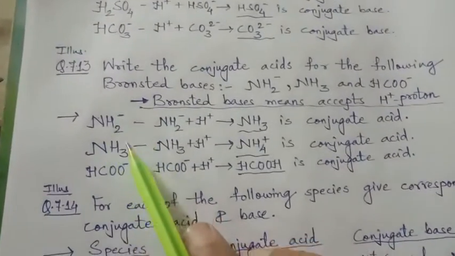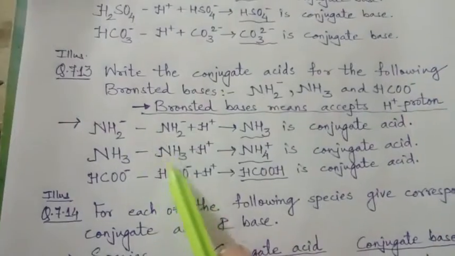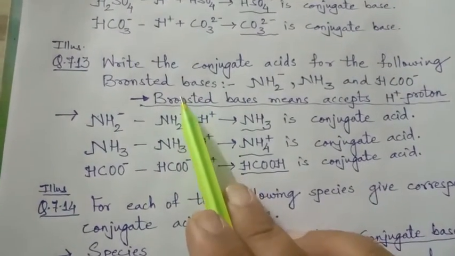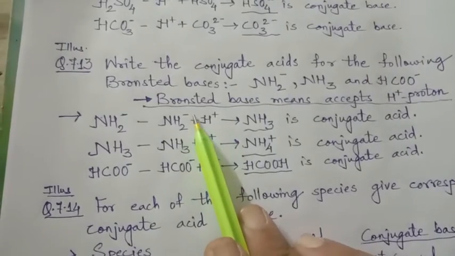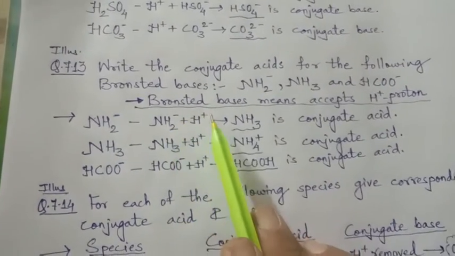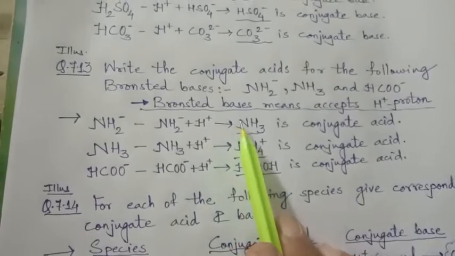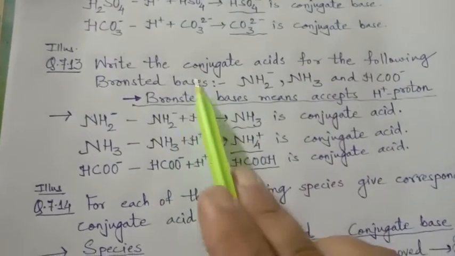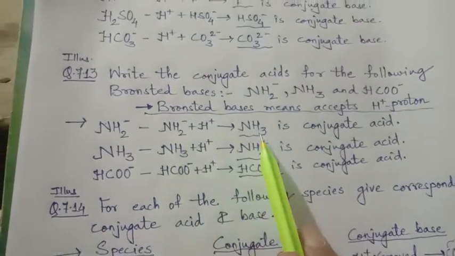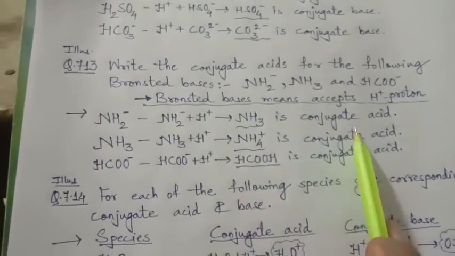Here we have NH2 minus. Now when this NH2 minus accepts one H plus proton, the charge is nullified, and it will be NH3, the conjugate acid.